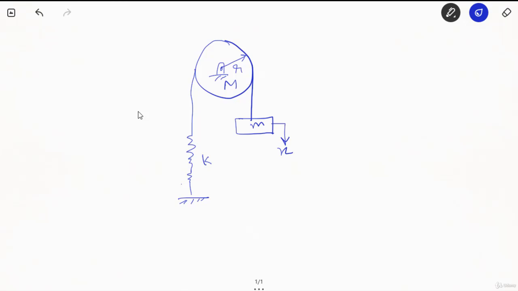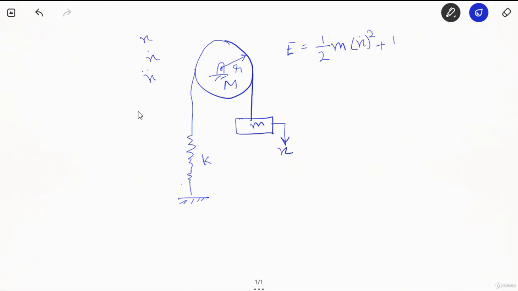Now, what kind of energies are involved in this? It's the energy of the system, which will remain constant, which is essentially our energy theorem. The representation again: x represents displacement, x dot is velocity, and x double dot is acceleration. So the kinetic energy is given by half m v square, and we are representing velocity by x dot, so this is half m x dot square.